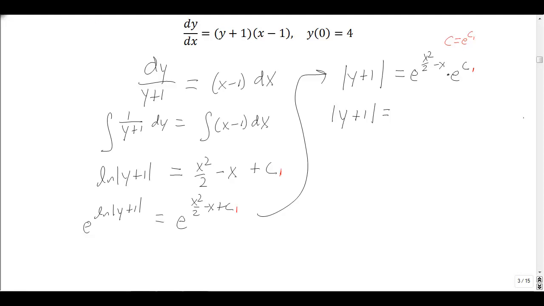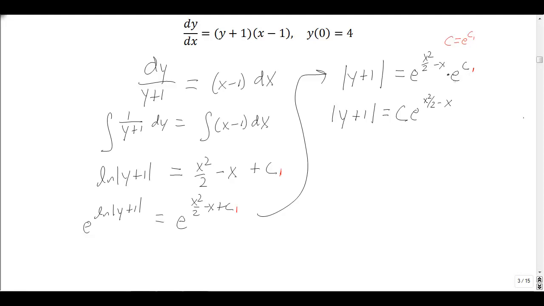This is a customary thing that happens in differential equations, although without the stuff in red here. So often people would take this and just write it as c times e to the x squared divided by 2 minus x, with the understanding that the c here is different from the c here. In fact, the c here is e to that c here. Still just a constant that we've solved for, so it doesn't really matter a whole lot.